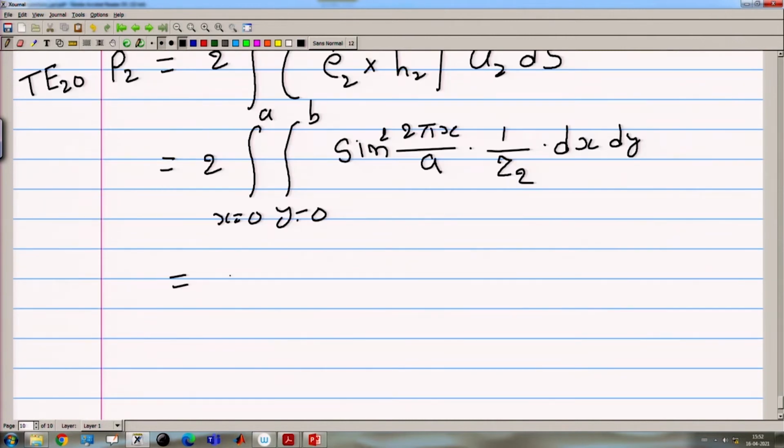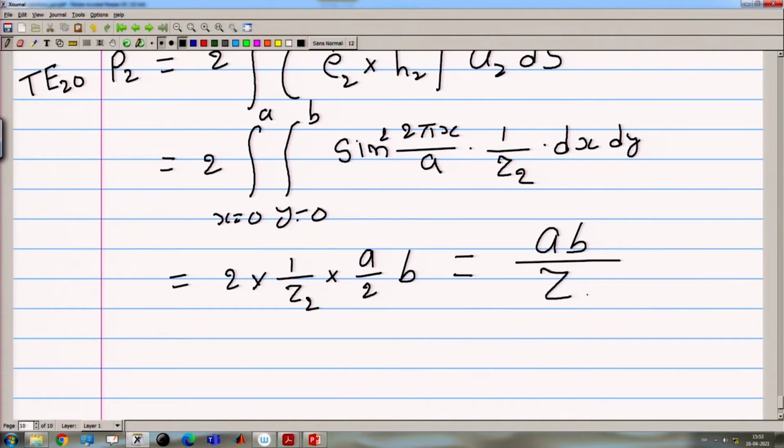So, we will get the same expression 2 into 1 by z2, and this will give a by 2 into b. So, this will be a b upon z2. P2 will be a b upon z2, and P1 is a b upon z1.